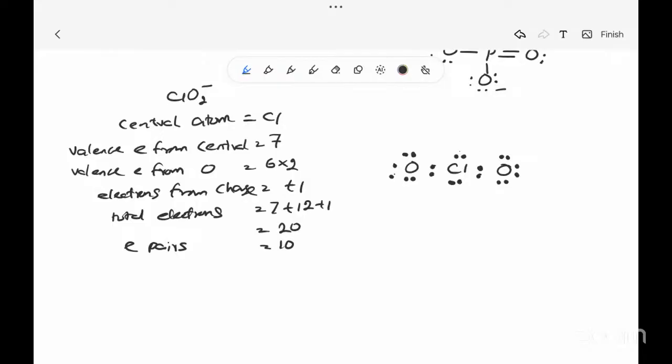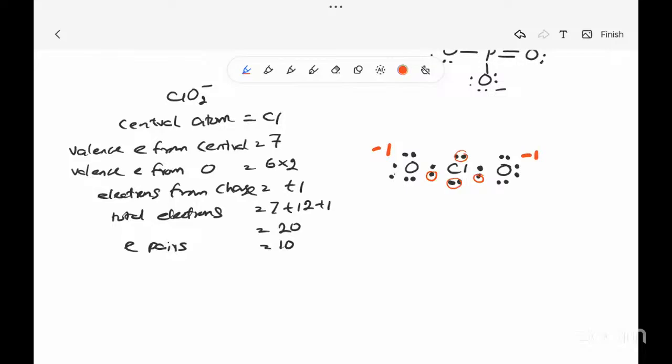Then the formal charges. We have placed oxygen -1, here also -1. Then for chlorine, we have placed these two, and these two are also for chlorine. So we have placed altogether 6 for chlorine, right?